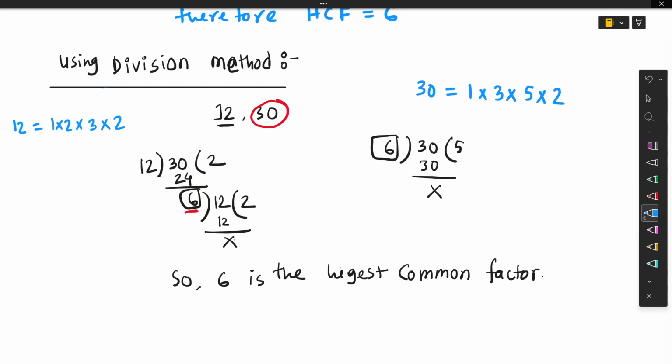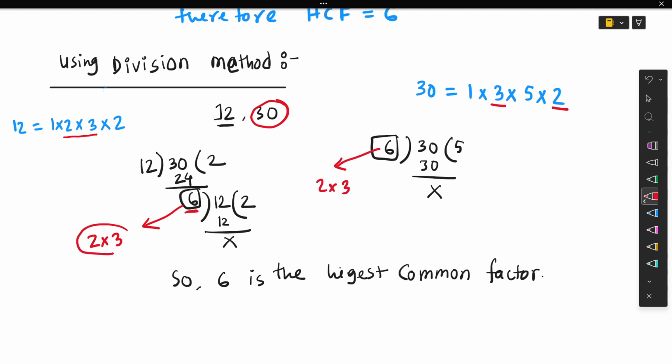Okay, and the most common part here is this, right? Now let's say when you are dividing, we get last 6 here, so 6 can be written as 3 times 2, and for 30 we also have 2 times 3 here.